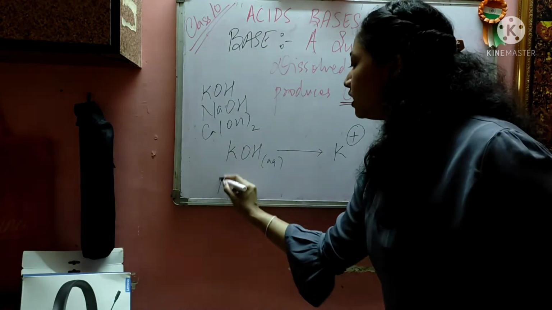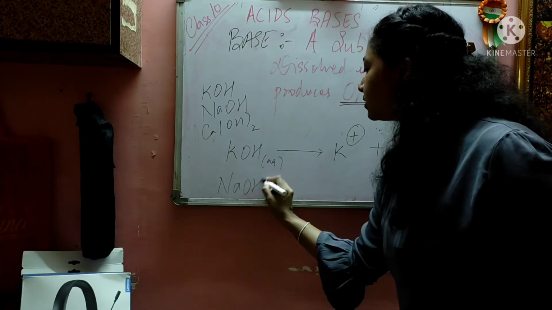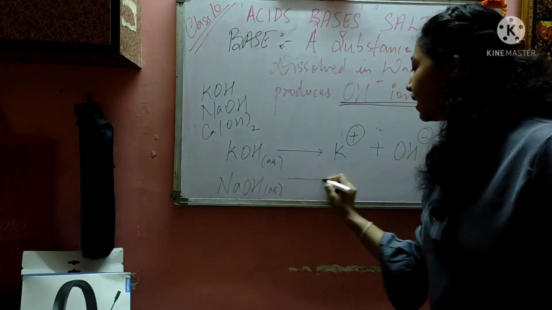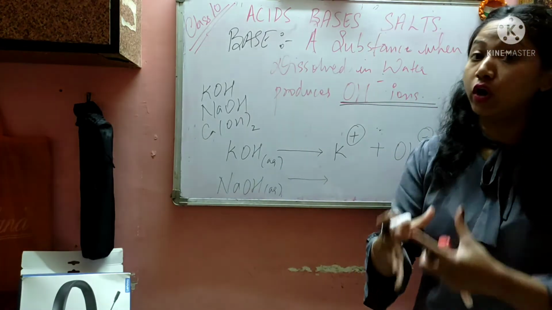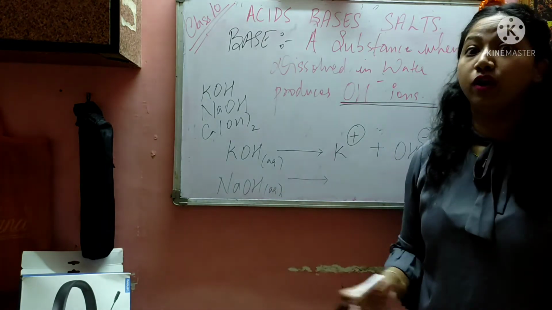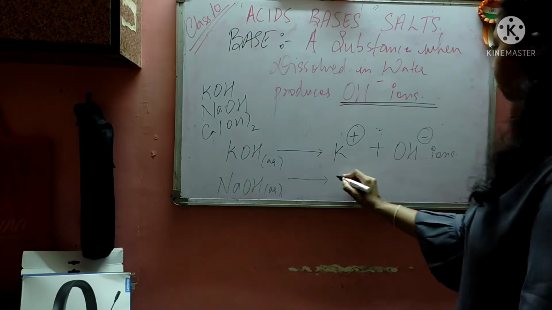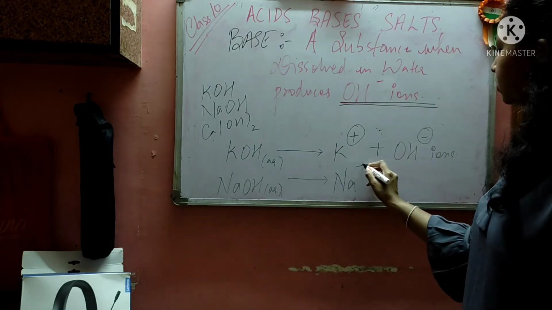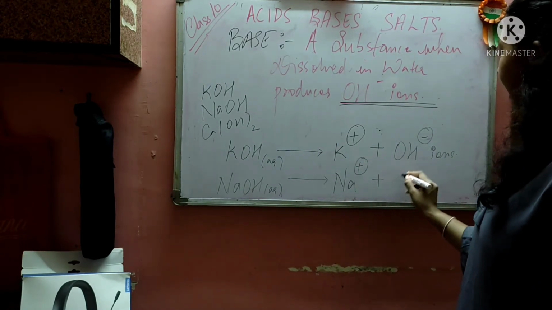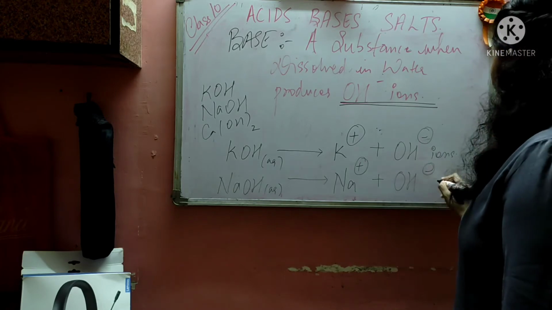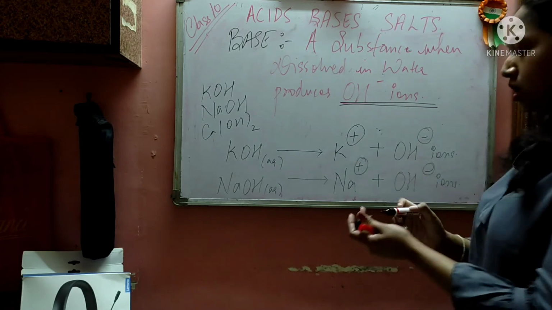Second is sodium hydroxide, another example of base. If you dissolve it in water, sodium hydroxide will dissociate into Na plus ions and OH minus ions.